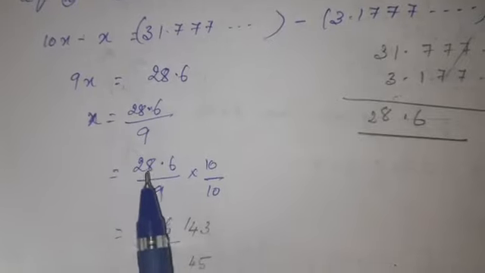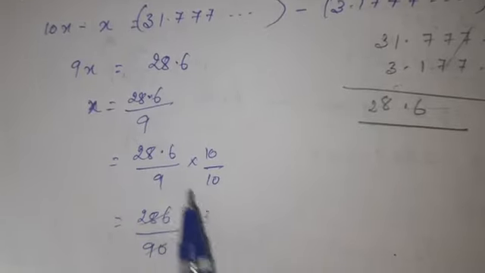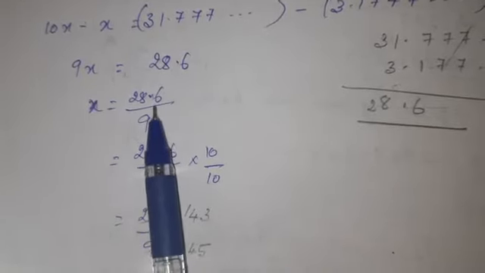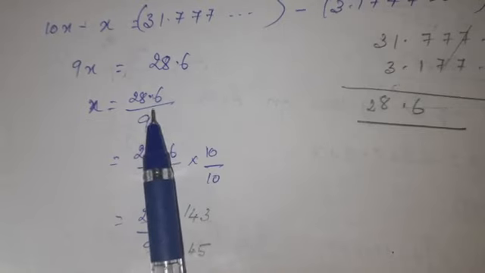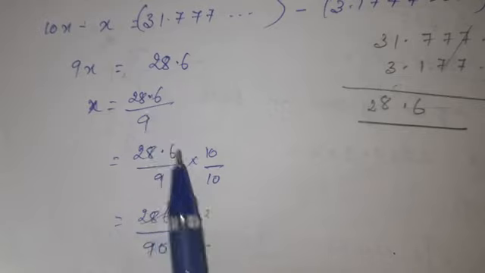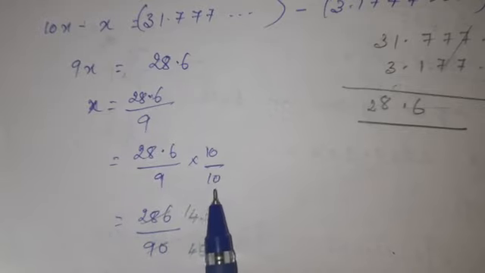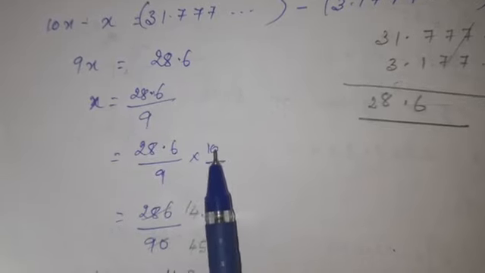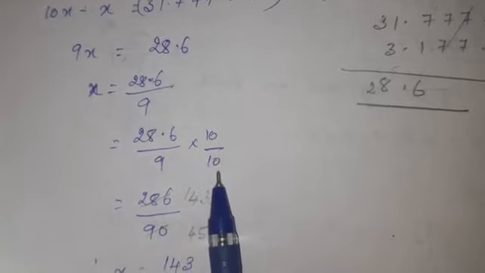Our question is what? That one converted into a rational number. But in that answer you are having a decimal, no? So you want to remove the decimal in the numerator. How many digits after the decimal? 1 digit. So I multiply by 10 and divide by 10.